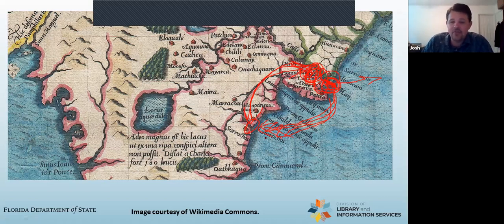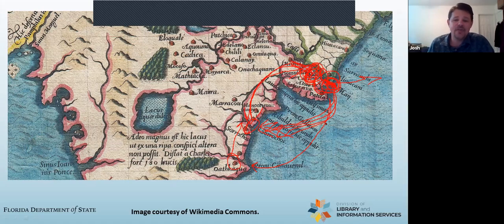And so they actually end up getting shipwrecked down here closer to Cape Canaveral. But they still felt that it was very important that Menendez be dealt with if Fort Caroline was to have any chance of surviving. They had no idea that Fort Caroline was already messed up. And so they start approaching from the south with the intent of making a land-based battle against Menendez at St. Augustine.